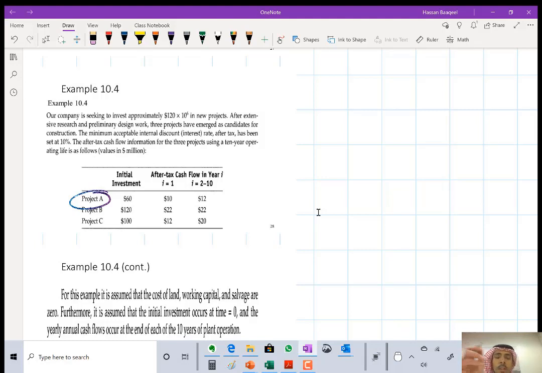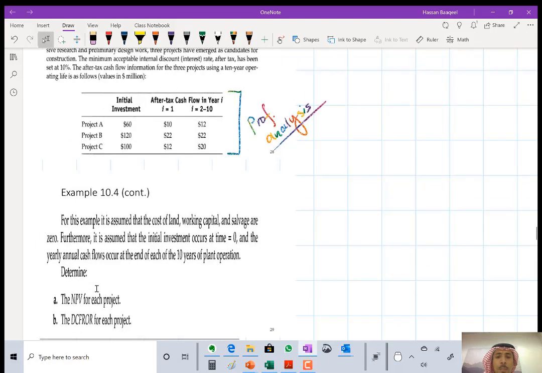We do the economic analysis, and that's what we come up with. We know the cash flows from these projects. The cash flow in the first year is equal to 10 million for project A, and from year 2 up to year 10, the cash flow is equal to 12. Fair enough. This is the information you need to do profitability analysis.